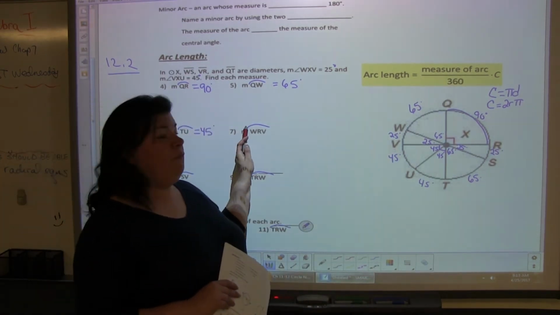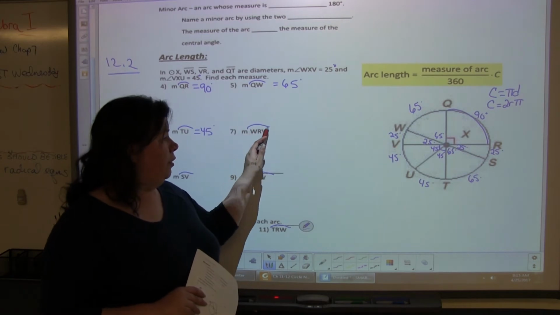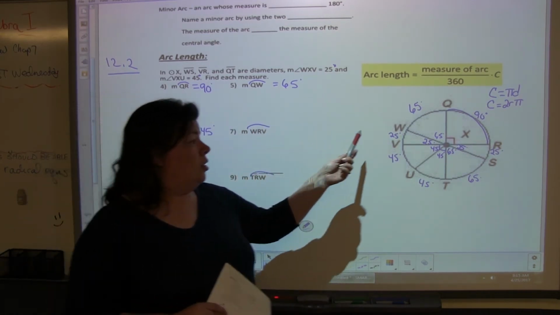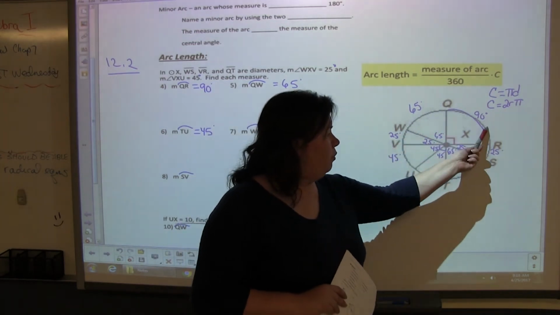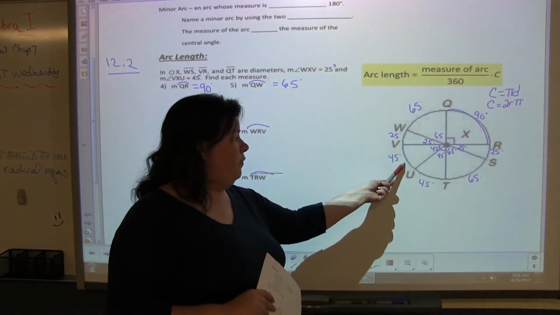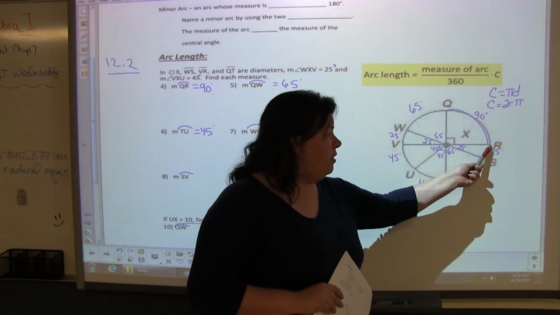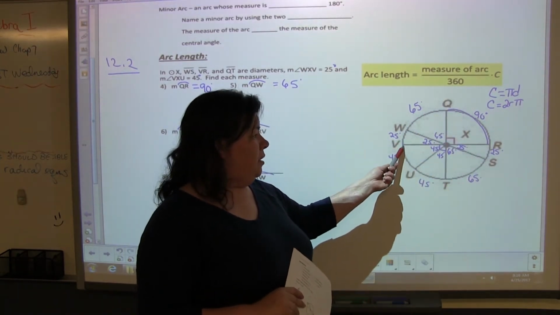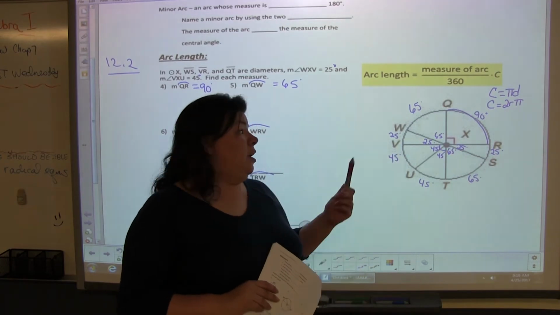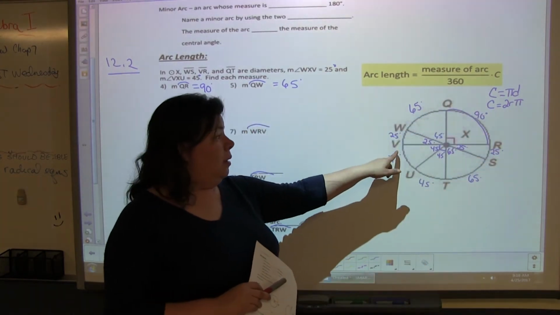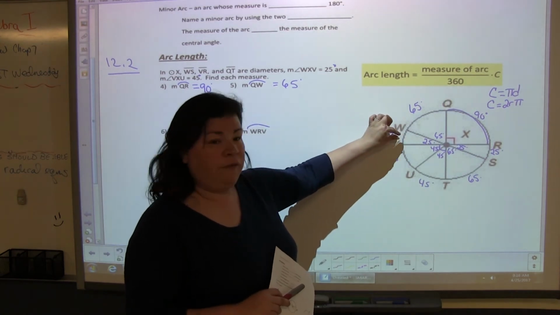The measure of major arc WRV. We have to be careful here that we go in the order of the letters. So from W passing through R all the way to V, we have to basically add up all of these measures up until we get here. Now if you look, it's almost a full circle, but we just take out 25 degrees.